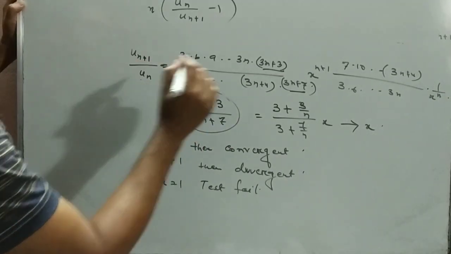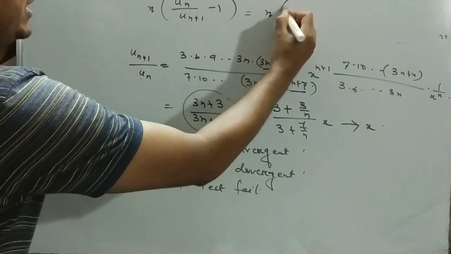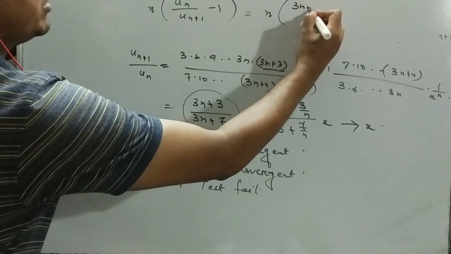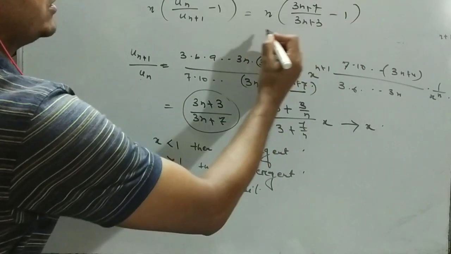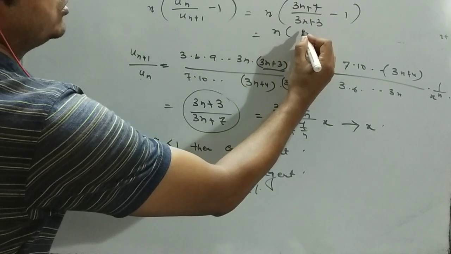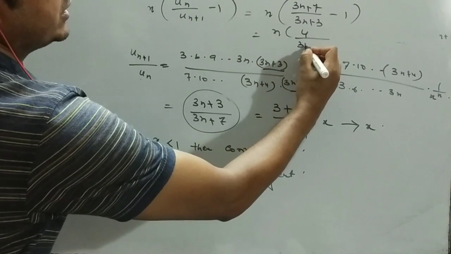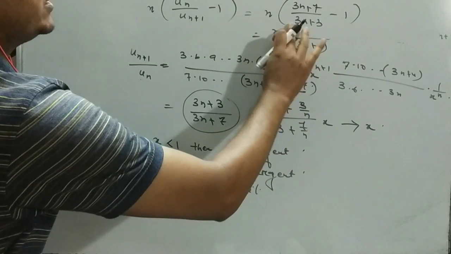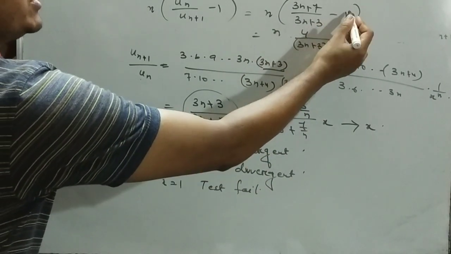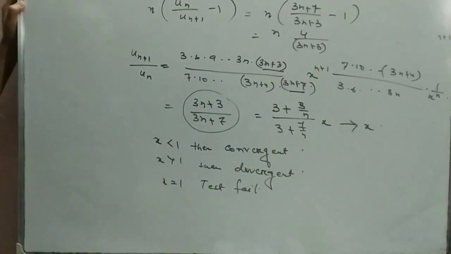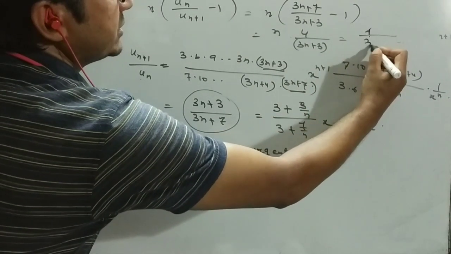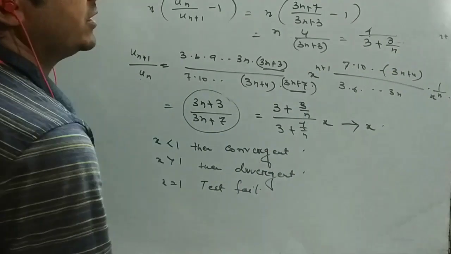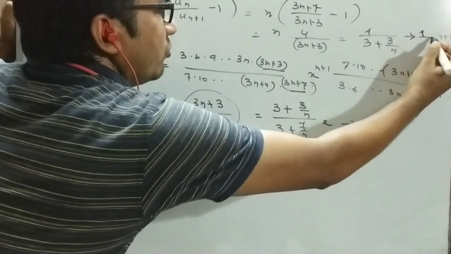Since un by un plus 1, we get n into (3n plus 7 by 3n plus 3 minus 1). That is n into 4 by 3n plus 3, right? Here 7 minus 3 is 4, and this is equal to 4 by 3 plus 3 by n, which tends to 4 by 3.